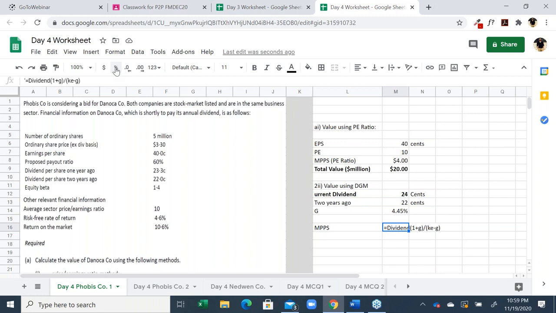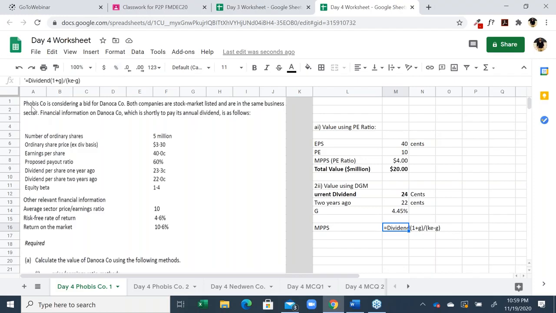I want you to have a pen or whatever you are using for noting down, because this is another small mistake that students make. When you are valuing a company, you will usually have two companies. One is the company that is acquiring another company, and the other is the target company.